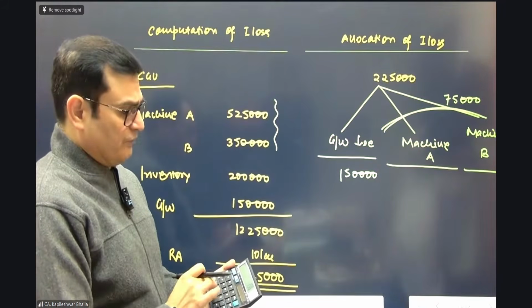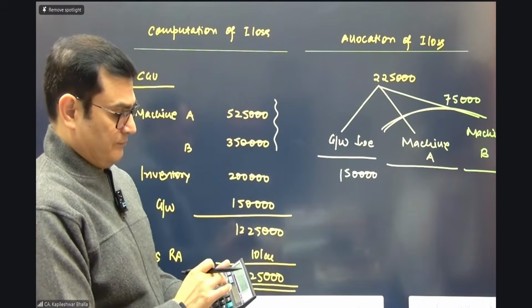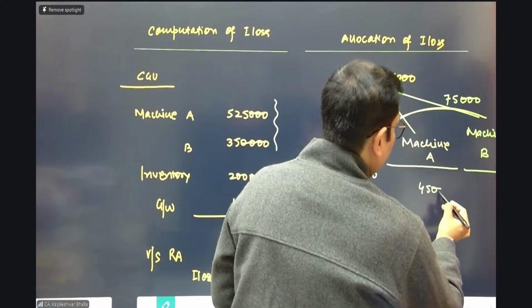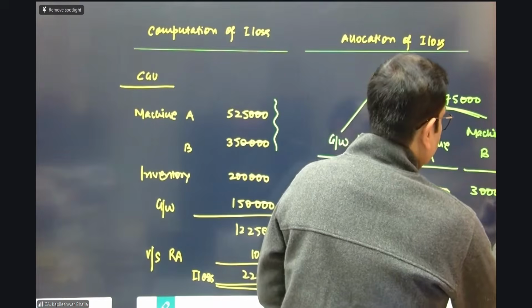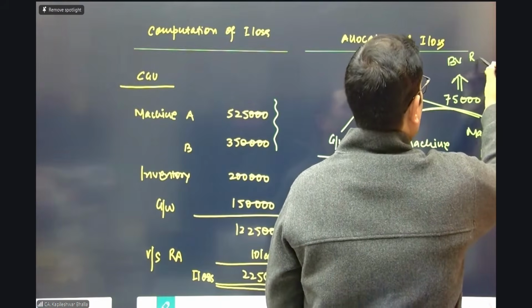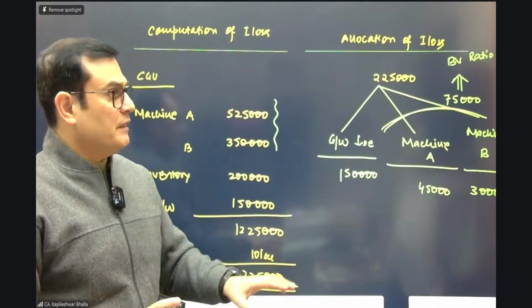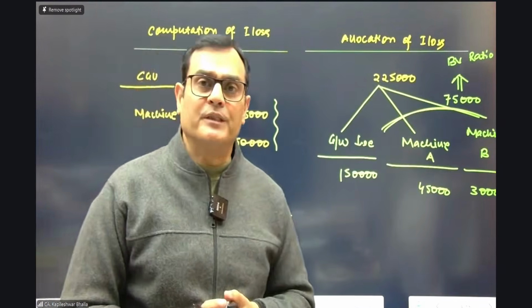So 525, 350, 875. So I think ideally this is 45,000 and this is 30,000. This is allocating this impairment loss in the book value ratio. That's what we have done. So ideally speaking, the impairment losses will be allocated to machine A and B in the book value ratio.